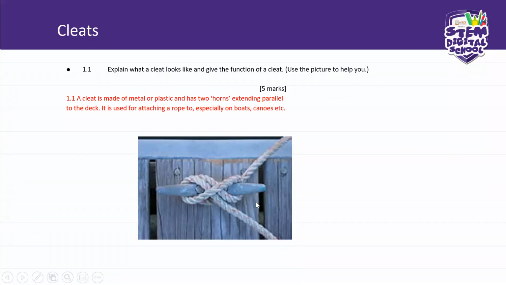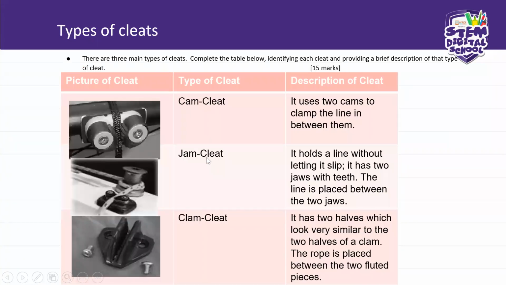Okay, so this is a cleat also. Types of cleats. There are three main types of cleats. I have made this table for you, and this table can appear in your assessment. Look at the illustrations of cleats. This is a cam cleat.